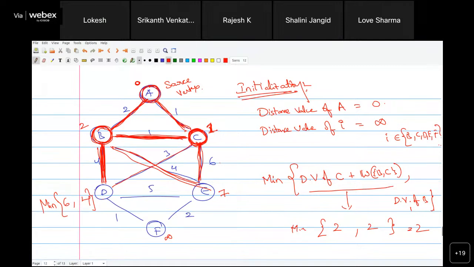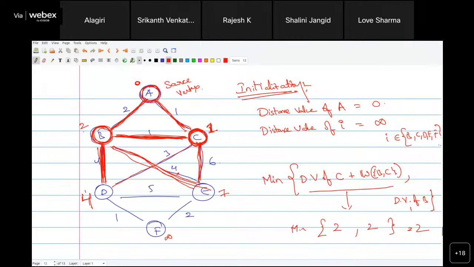So we have to pick the minimum shortest path. The minimum of 6 comma 4 will be 4, so it is not updated and remains 4 itself. But if you see the other side, via this edge, the distance value of B is 2 plus the weight of edge BE, which is 4.